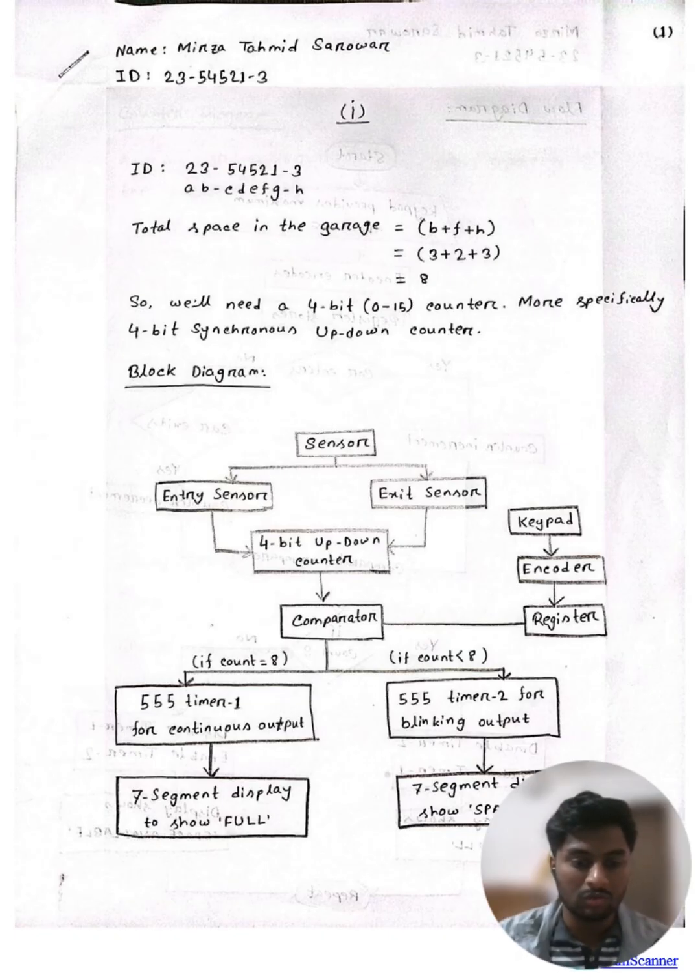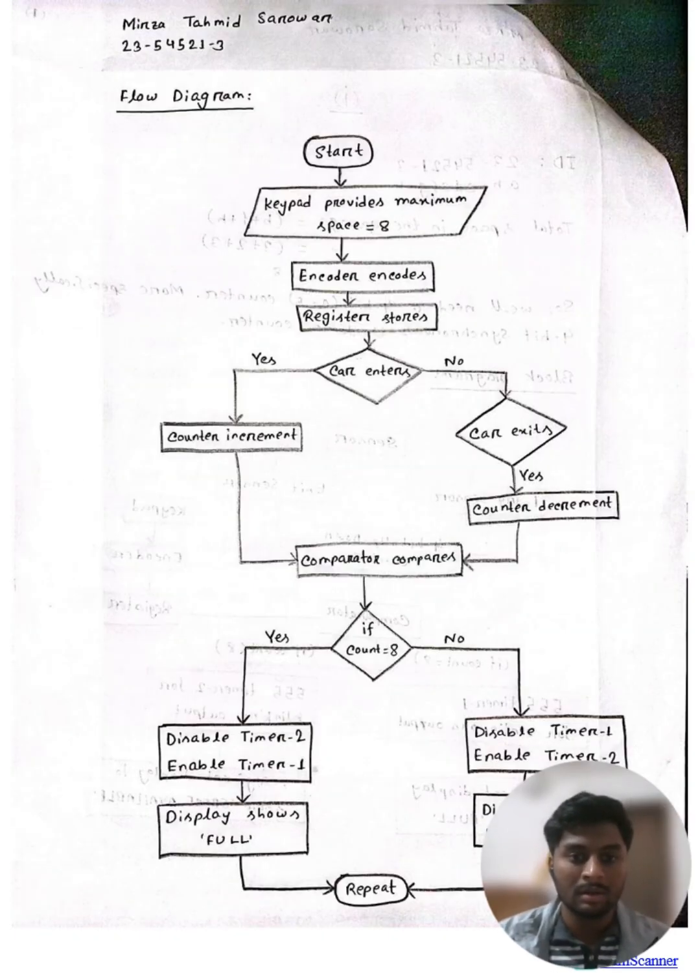Now if we go forward, we will see our flow diagram. This flow diagram represents our whole system, which starts, and then we give the input, which in our case is 8. Then the encoder encodes it and it is stored in the register. If a car enters, the counter increases, and if there is no entry, there might be a car exit or there might not.